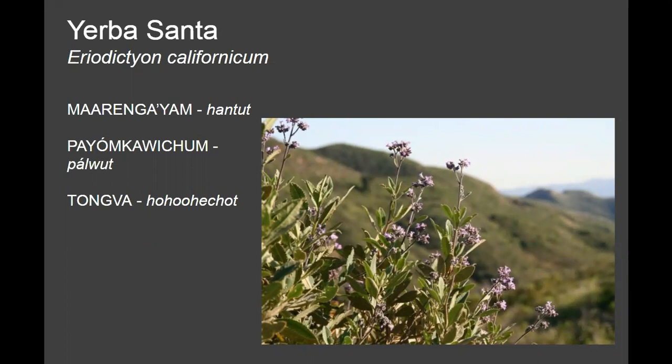The leaves are arranged alternately, which is one of our terms. The shape is said to be lanceolate, and the margins are toothed or serrated. Yerba Santa leaves are really thick, dark green, and really leathery in texture.